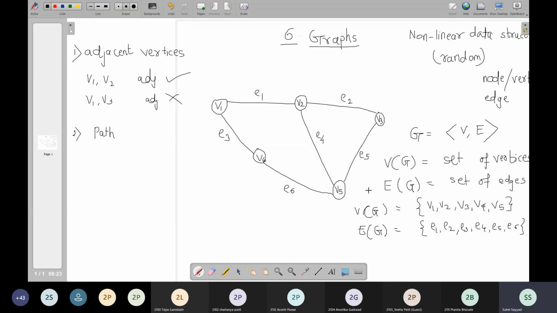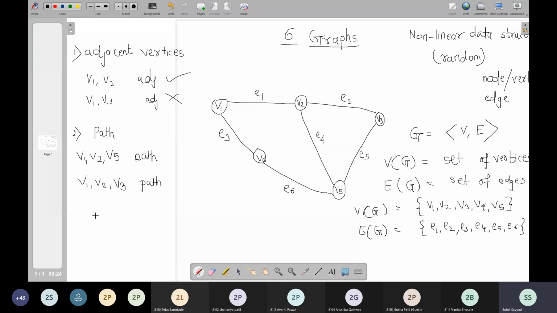For going from V1 to V5, there can be a path like V1, V2, V5. This can be termed as a path from V1 to V5. Similarly, V1, V2, V3 is also a path.